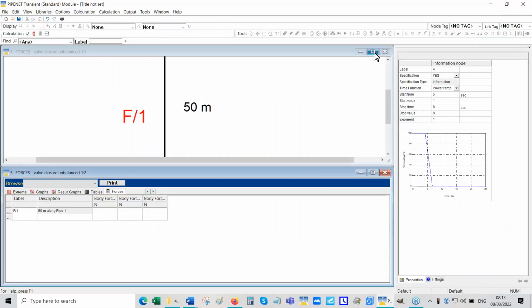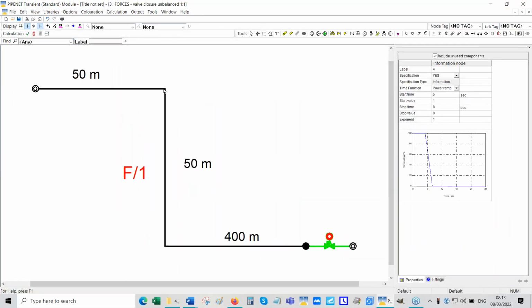It's quite clear, because the force is acting that way. The unbalanced force, that's what we saw. And that is in the opposite direction to the direction of the pipe. Don't forget, it's the unbalanced force in that pipe section. And that is acting that way, and it's in the opposite direction to the direction of the pipe. And that is why the force became negative.